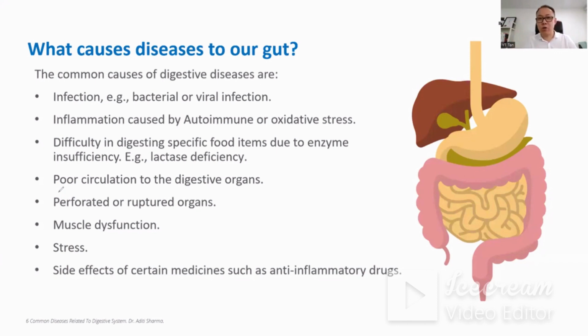But if it has already passed through your stomach and gone into the intestines, then it will come out as a loose stool. Okay, diarrhea. So infections, bacterial and viral, are very common.